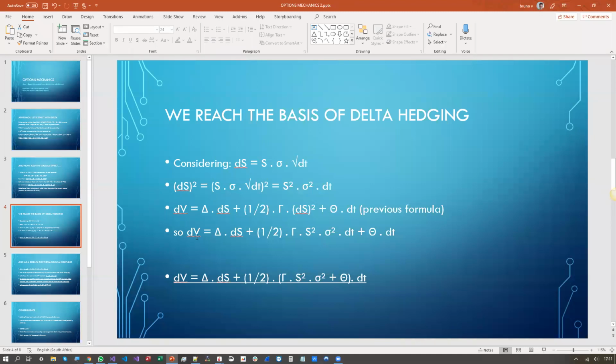So once we simplify it, we see that dV equals delta dS plus half of gamma S squared sigma squared plus theta dt. If we want to reduce the gamma effect, let's say we have a delta hedging technique.